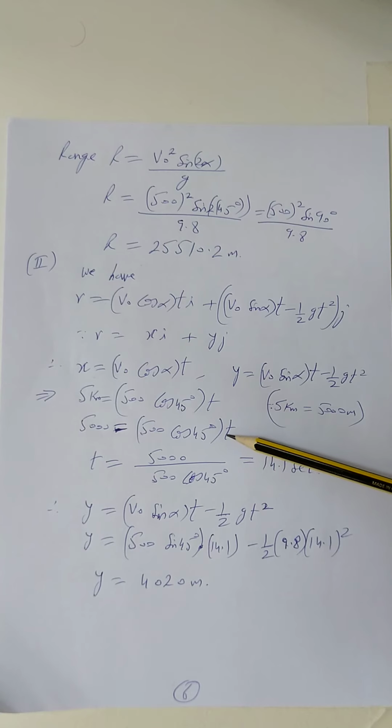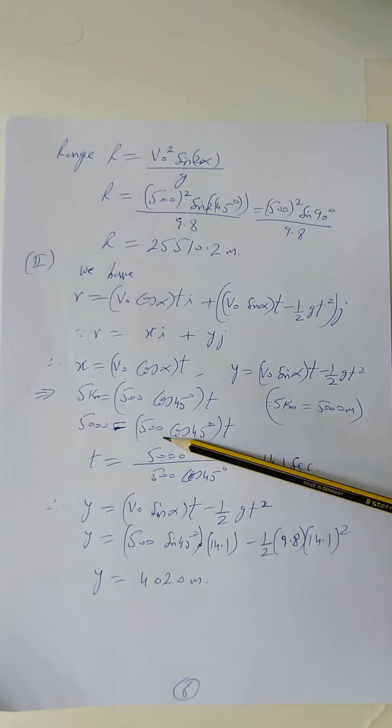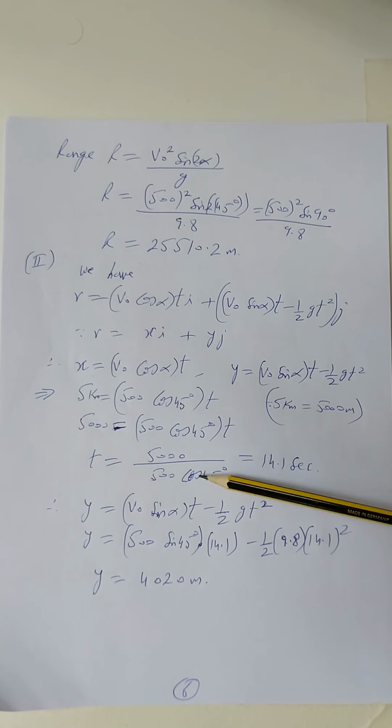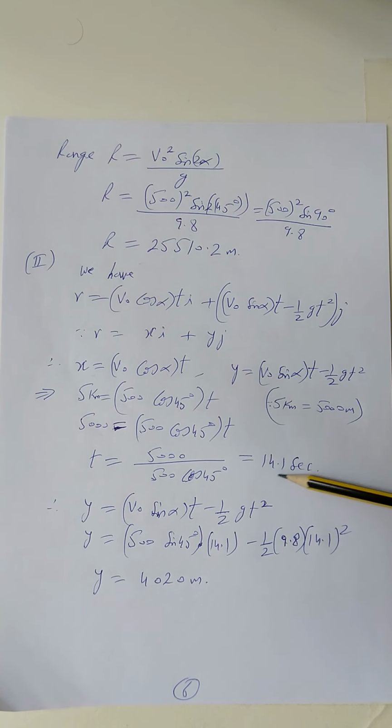You can divide on the other side: 5000 divided by 500 cos 45 degrees. Now if you write the value of cos 45 and simplify this, you will get 14.1 seconds. But the question was not this. The question was how high overhead, so you have to find the value of y.